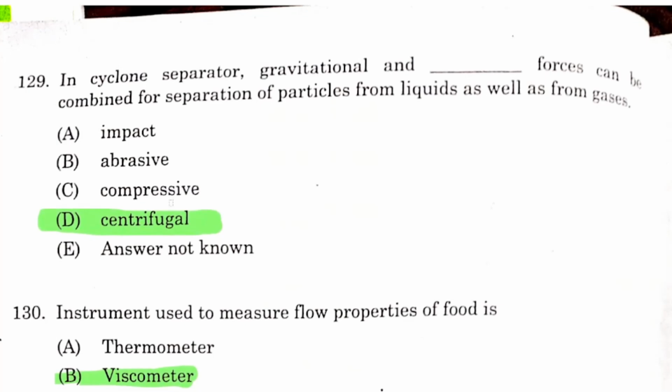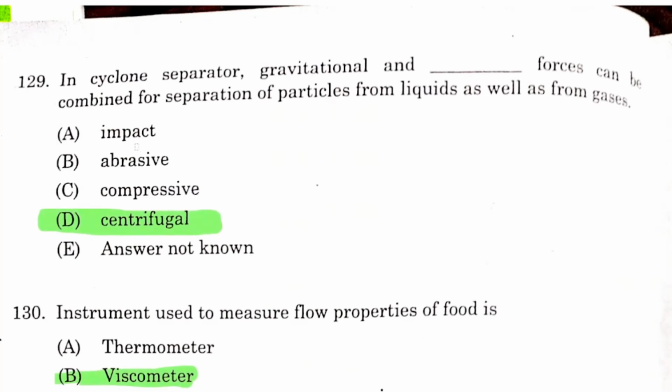Next one is 1 ton of refrigeration is equal to 3029.949 kilocalorie per hour, near about 3000. So option number D is correct. Next question is 129.